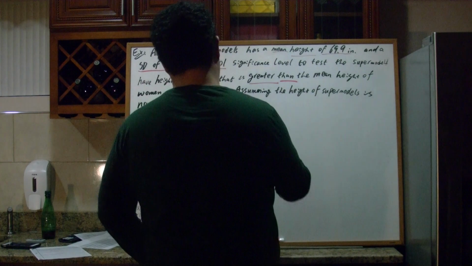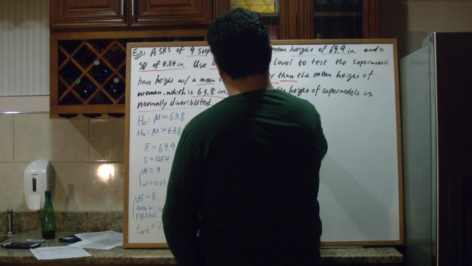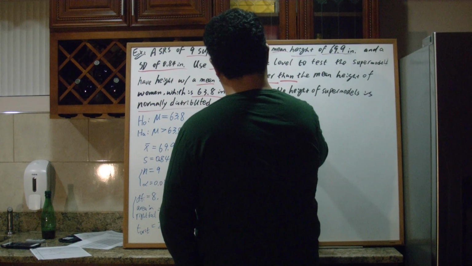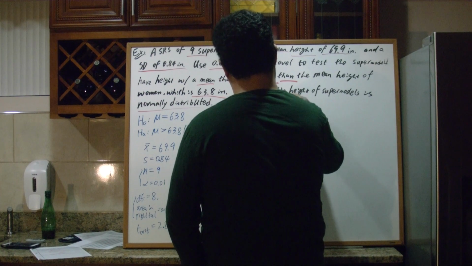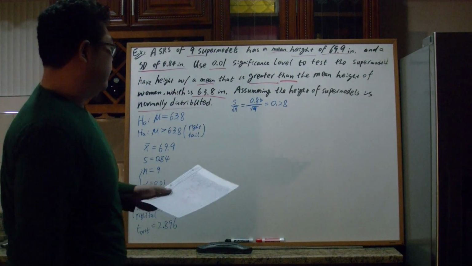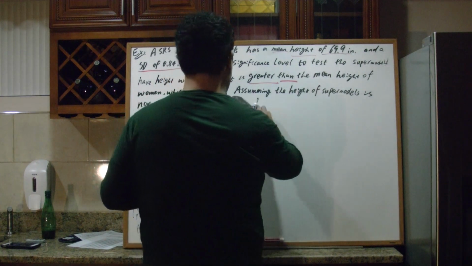Then we go to find the standard deviation over radical n, which is 0.28.